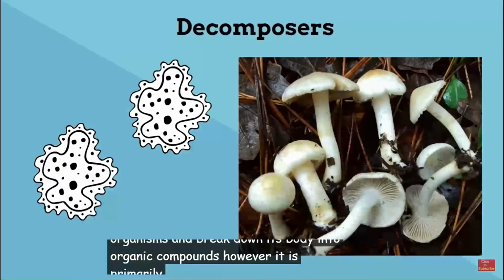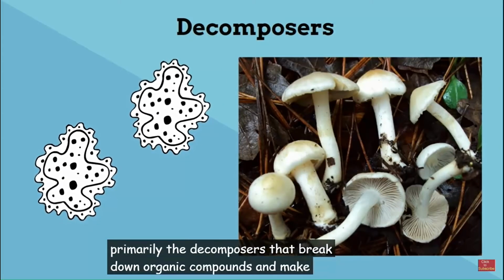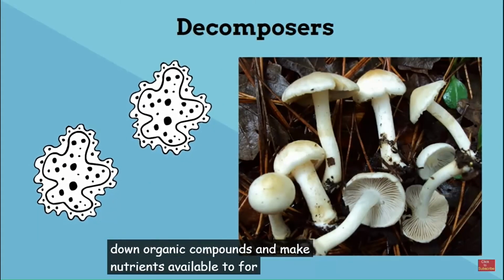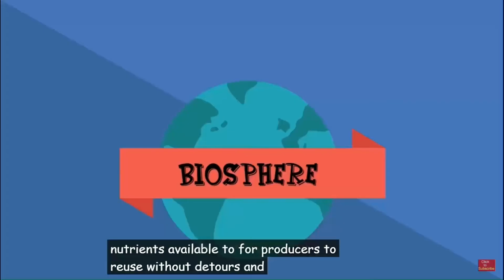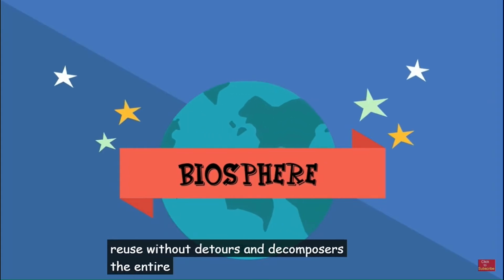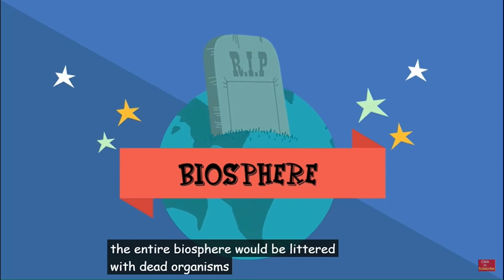However, it is primarily the decomposers that break down organic compounds and make nutrients available for producers to reuse. Without detritivores and decomposers, the entire biosphere would be littered with dead organisms.